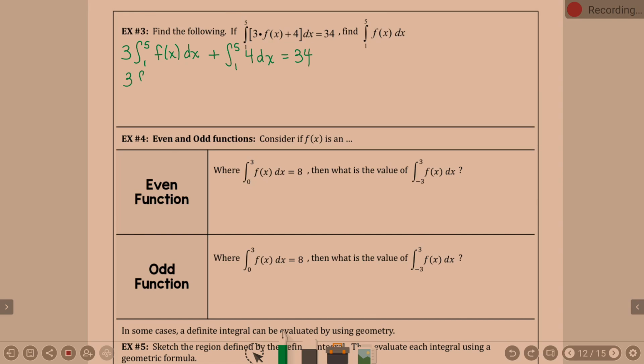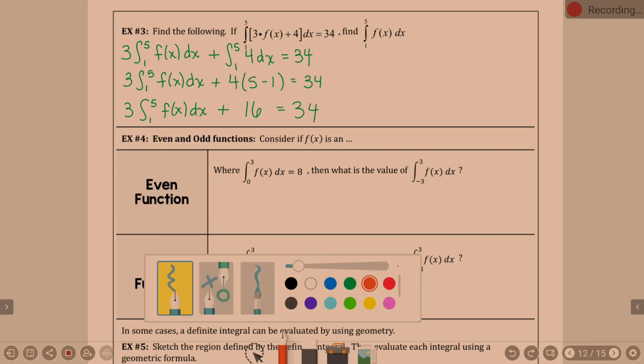It's 3 times the integral from 1 to 5 of f of x dx plus, because this is the integral of a constant, the rule says it's the constant times the upper minus lower bounds. Well, 4 times 5 minus 1 becomes 16. So now I'm going to rewrite this as 3 times the integral from 1 to 5 of f of x dx plus 16, still equaling 34. Are you starting to see it?